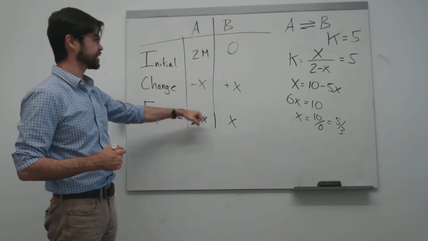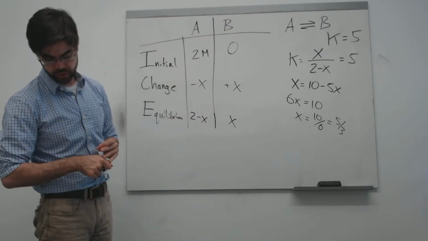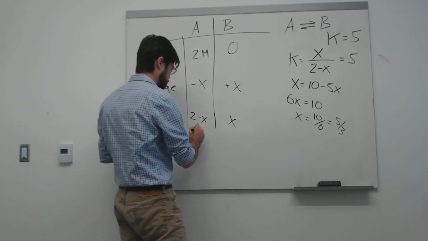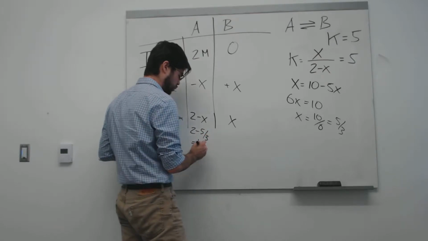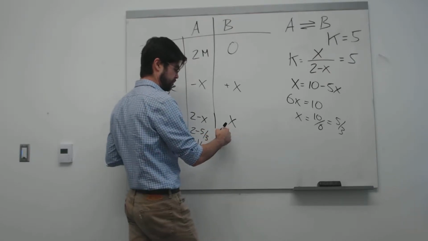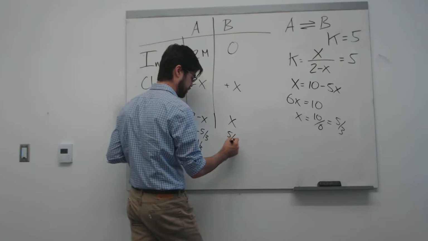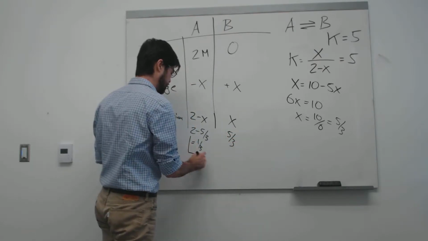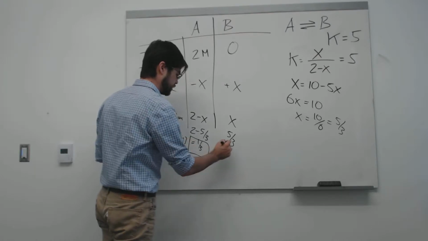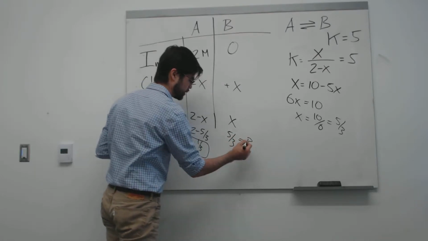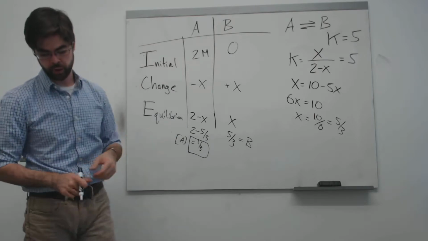We still need to calculate these equilibrium concentrations. So those will be 2 minus 5/3, which is 1/3. And then x here will just be 5/3. So these are my equilibrium concentrations for A, and this is my equilibrium concentration for B.